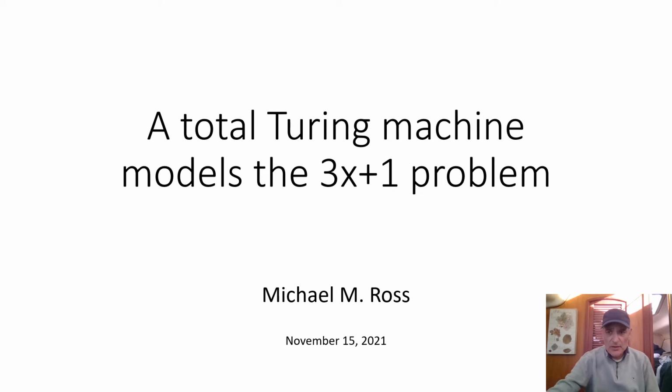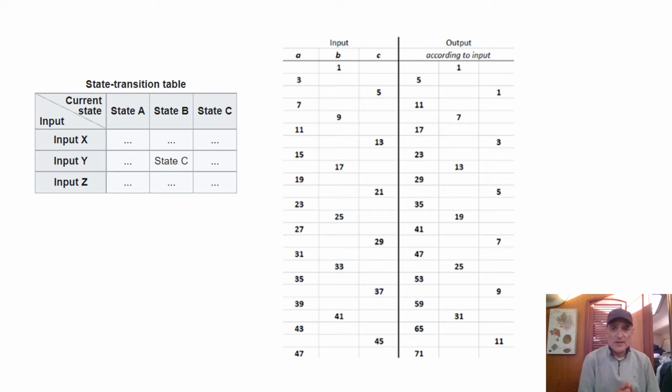So I'm just going to repeat one slide from the previous video, and it's an input-output table, showing the input numbers under 3 letters which correspond with congruences, very simple congruences, and I won't restate what they are here.